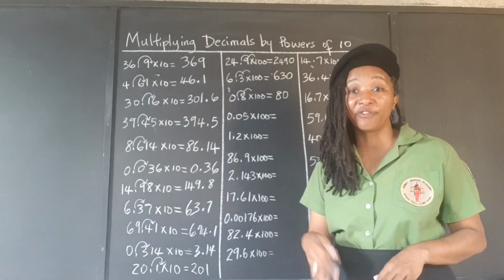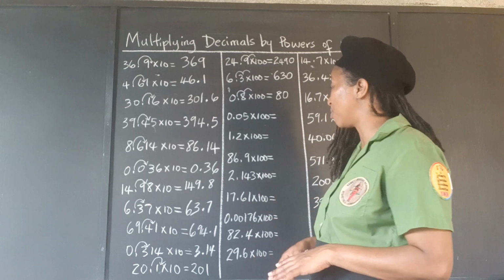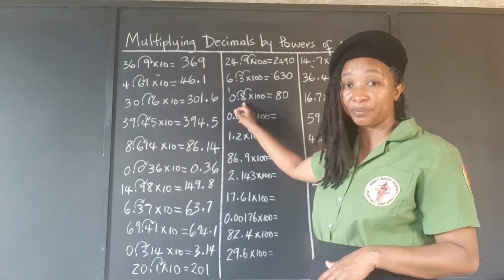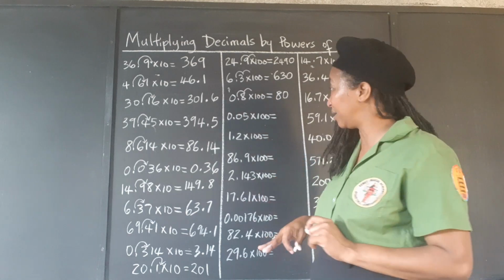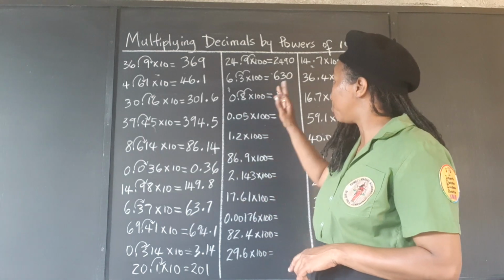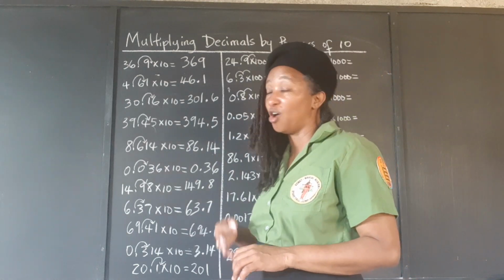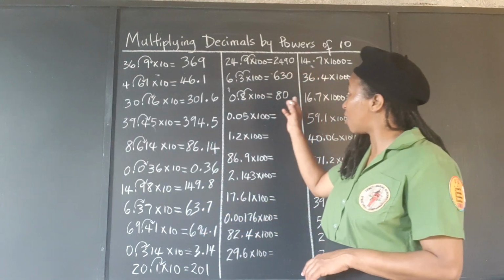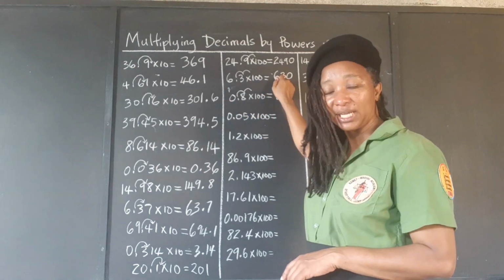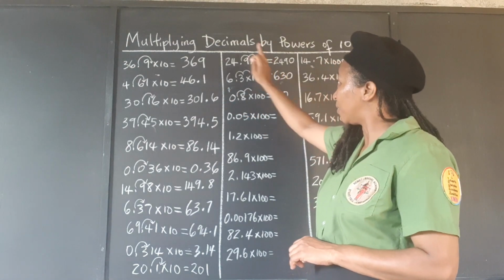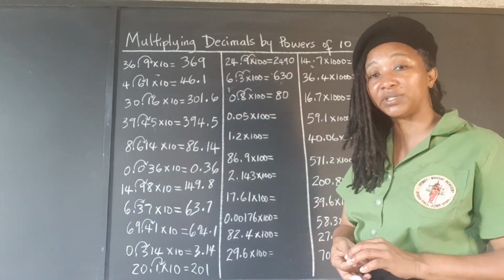You see how powerful the powers of 10 are? You're transforming a number from a decimal less than 1, and it now becomes 80 when you multiply it by 100. You're transforming a number from 6 point something to 600 and something. And from 24 point something to 2,400 and something.